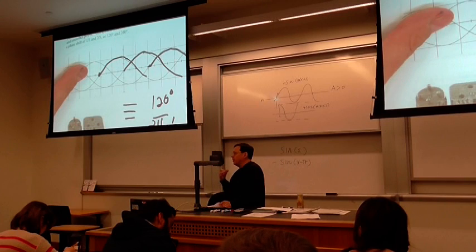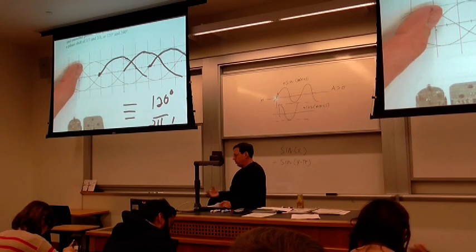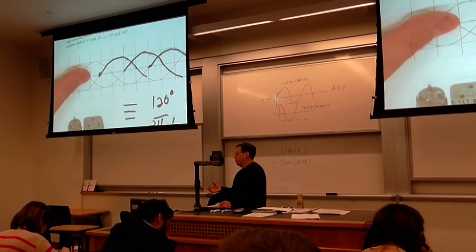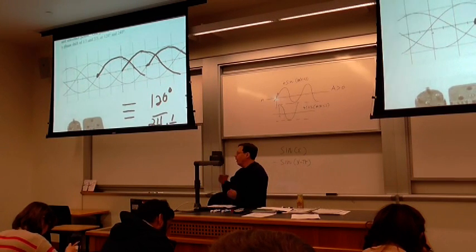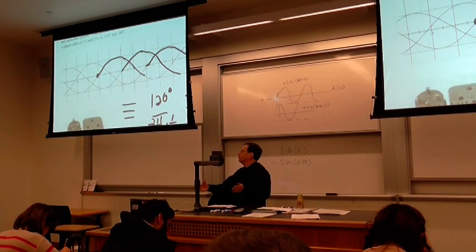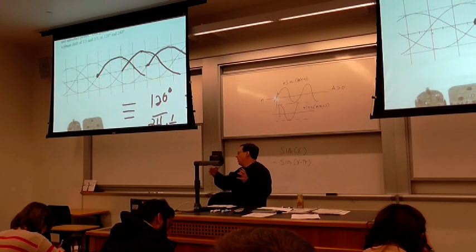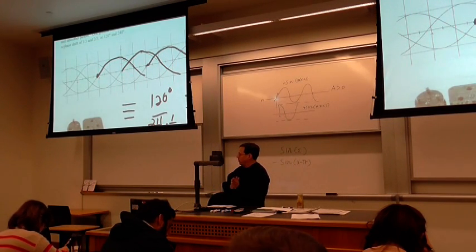Again, we're talking about phase shift, not period. So a phase shift of 1 is 1 period, whatever that is. It could be 2 pi, or 5 pi, or 6 pi. A phase shift of 1 is always 1 period.